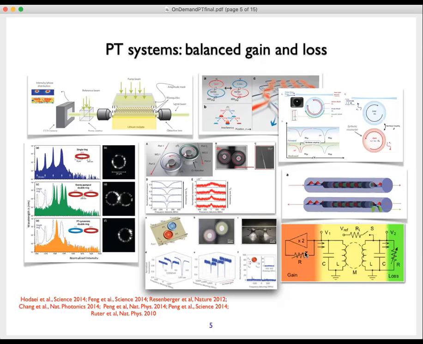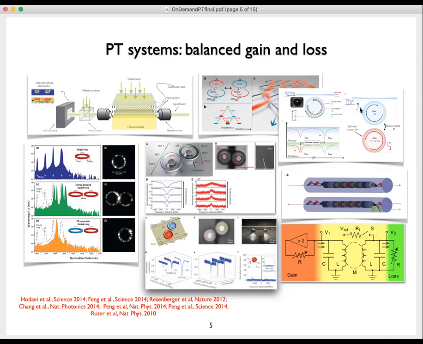Even in examples such as a single waveguide, you usually have an alternating arrangement of gain and loss. This is a paper from 2011, I believe, from Alex Scherer's group, where you had a single waveguide with gain and loss media in the time direction, if you wish, where you put in light from one side and it alternately comes across gain and loss media.